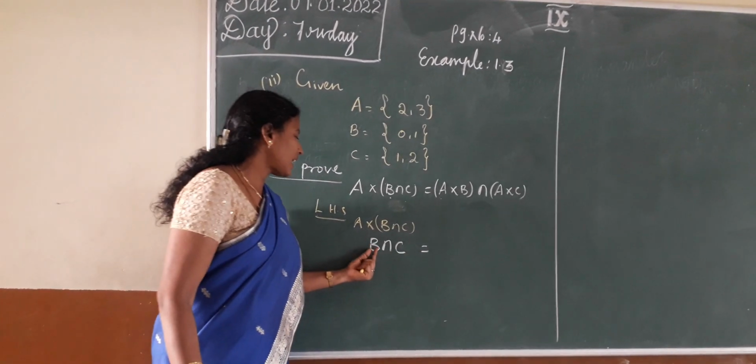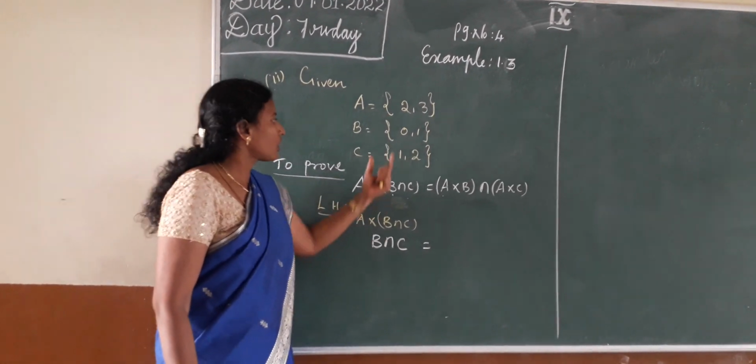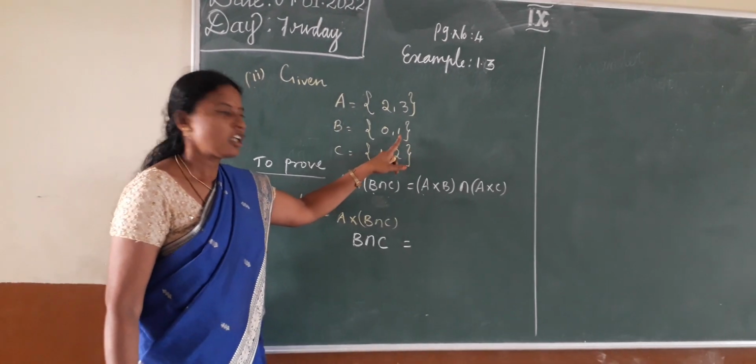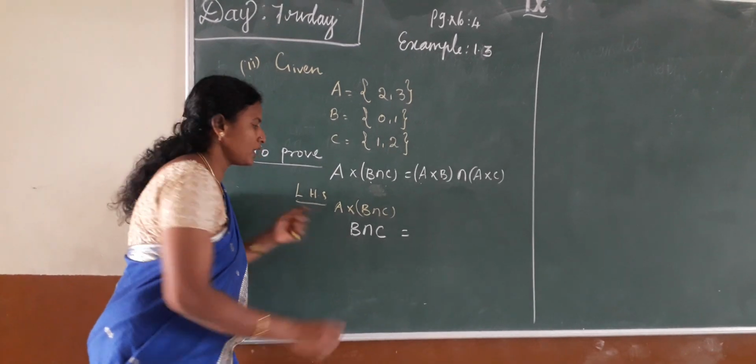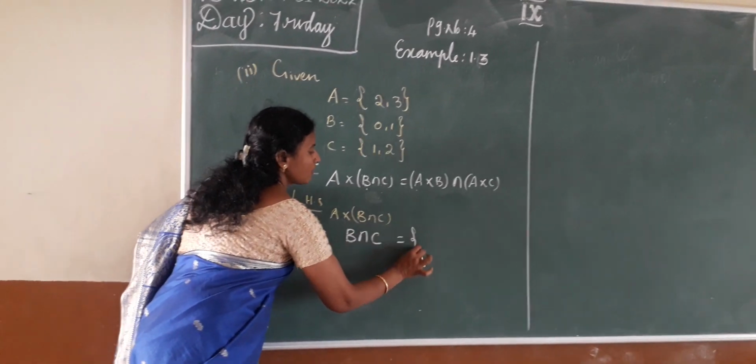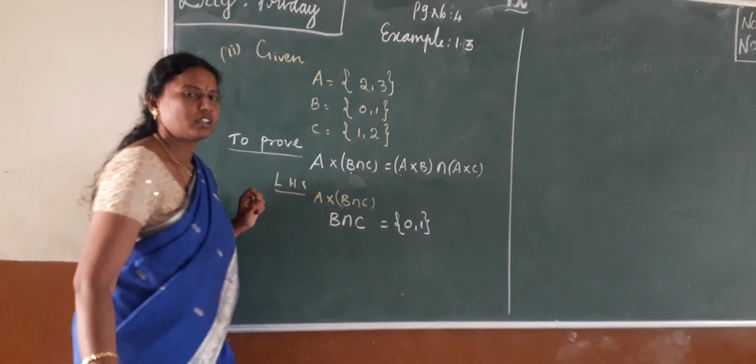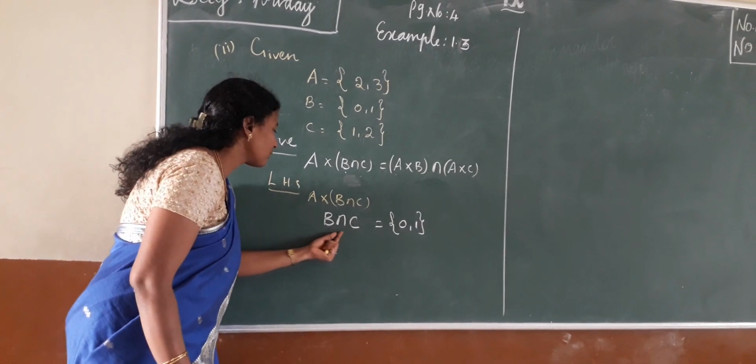What is the value for B? The given value of B is {0, 1}. So you have to apply the values 0, 1 in the place of B. And then what is that function?